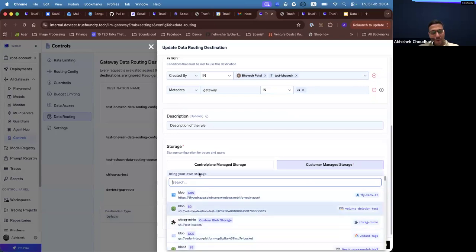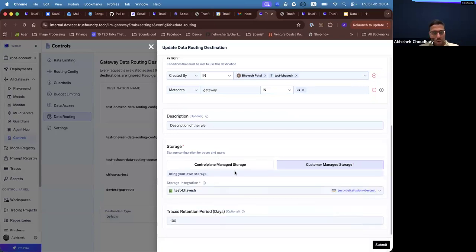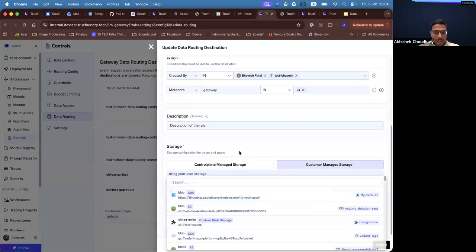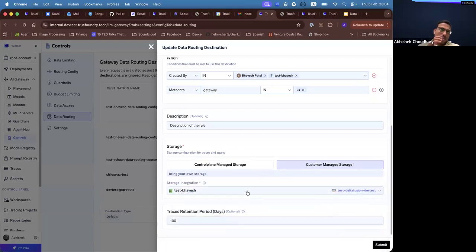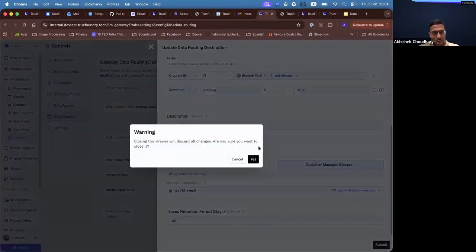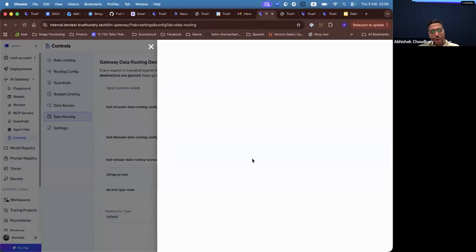And this is where you can select different buckets. This can be in AWS, GCP, Azure, your own Minio installation. It doesn't matter. So that's how you can define that if data is produced by this one, go to this bucket. If data is produced by that one, go to that bucket. You can do all of those controls here. And then you can also have a default bucket. Data that does not match any of the rules can go in a default bucket.